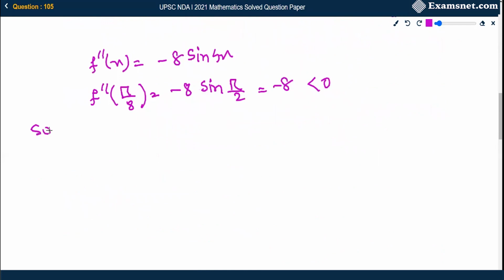So x equals pi by 8 is the point of maxima, correct?